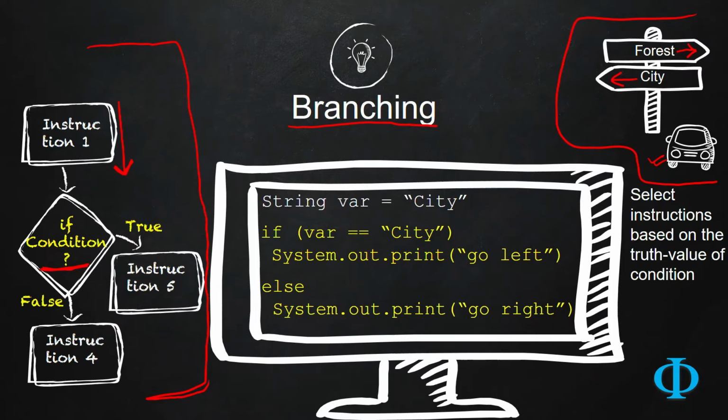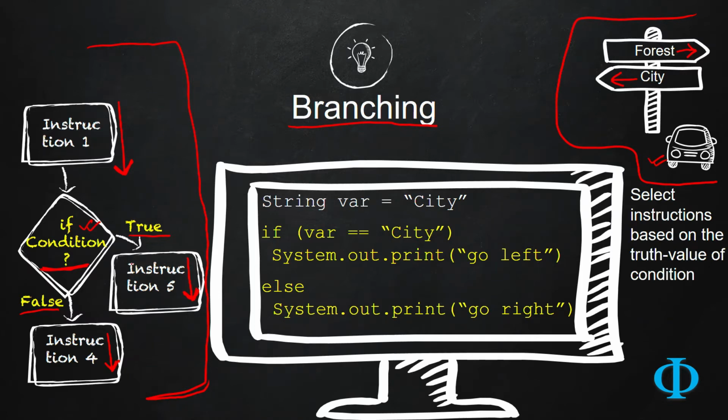Now, based on that condition, the program can select its own execution path. For example, if the condition is evaluated to true, then the program will be executed through this path, that is instruction 5 and onwards. On the other hand, if the condition is false, then the program will execute through this path, that is instruction 4 and onwards.